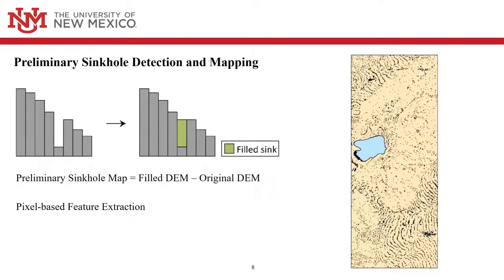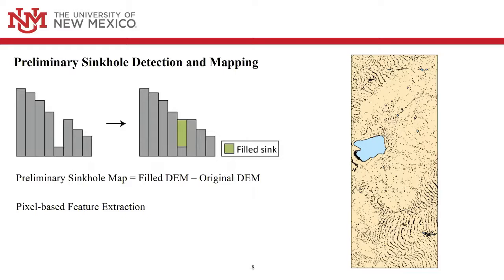So for preliminary sinkhole detection, the big step we want to use is basically to fill all the sinks, because all the DEMs also have sinks, which is the lowest point of the DEM. So originally, most of the research focused on just detecting where is the lowest point, and then they assume that's the sinkhole. But our method is a little bit different.